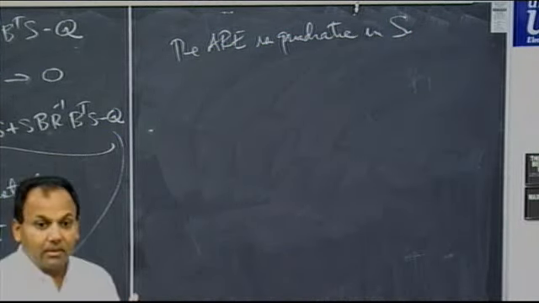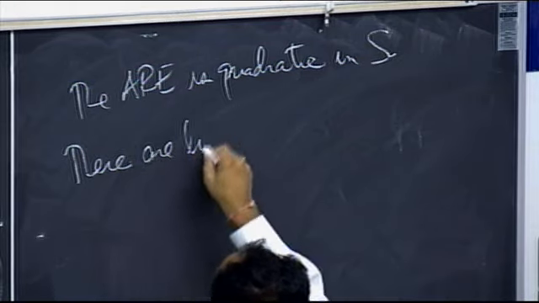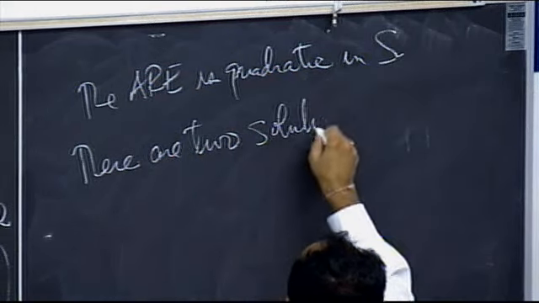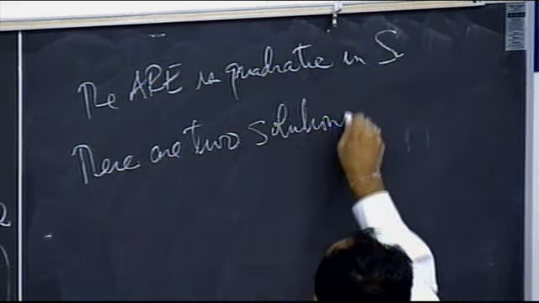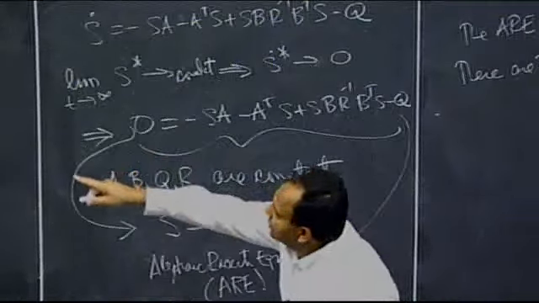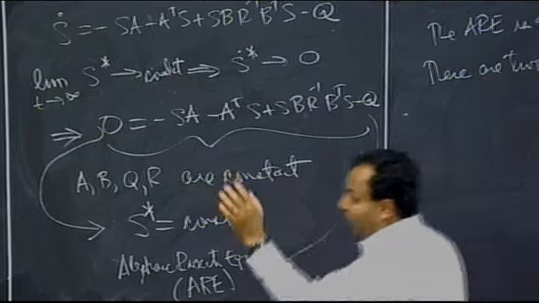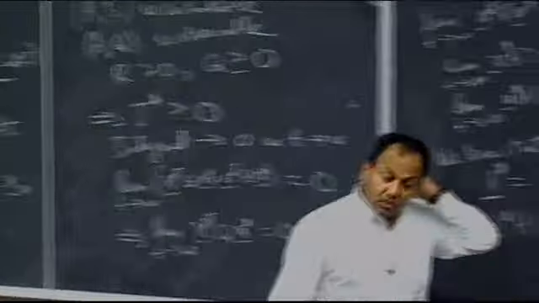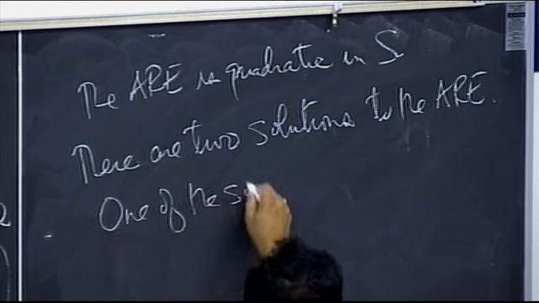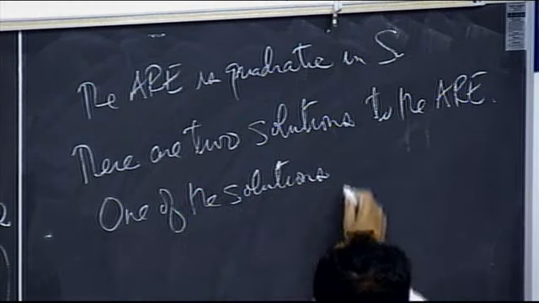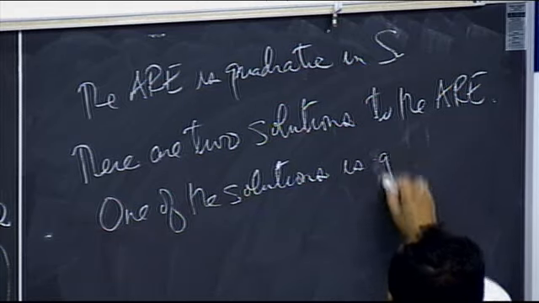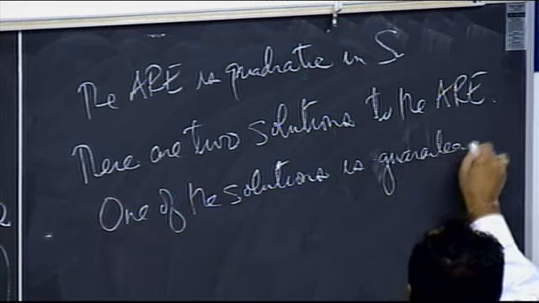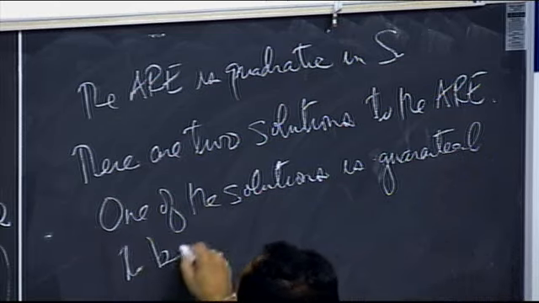So there are two solutions to the ARE. And it turns out that under these conditions that we've done, it's a very, very long proof and very long derivations. I'm not going to do it because it would just take so long to go through it. The result is that of the two solutions, one of them is guaranteed to be positive definite.